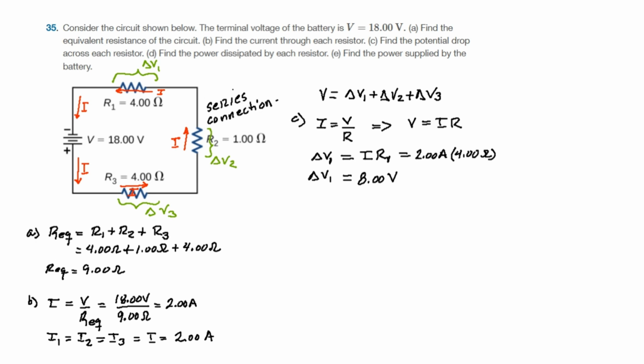Delta V2 is I times R sub 2, which is 2 amperes times 1 ohm, because R sub 2 is only 1 ohm. So delta V2 would be 2.00 volts.